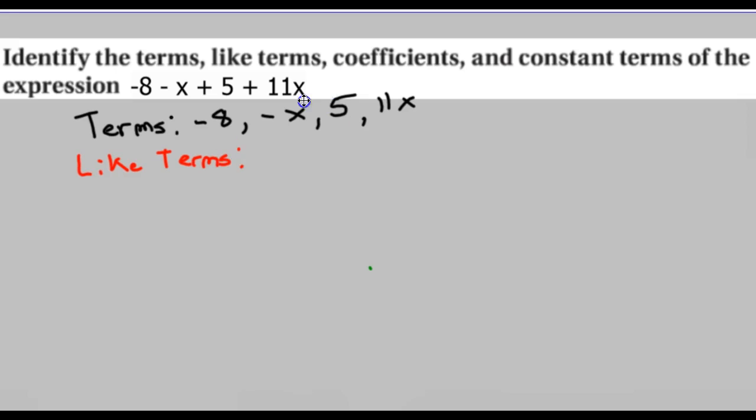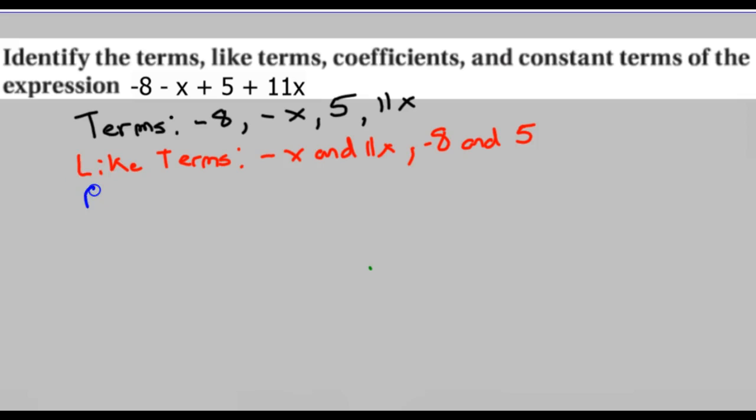So let's first look for our x's. We have negative x, and we have another one, 11x. I think we have another set of like terms. We have a negative 8 and a 5, because they both don't have variables on them. So negative 8 and 5.